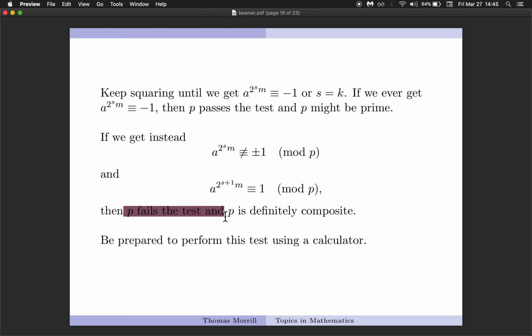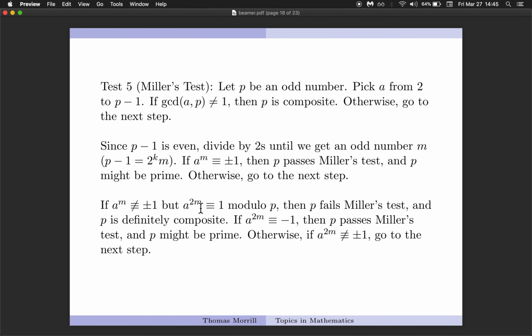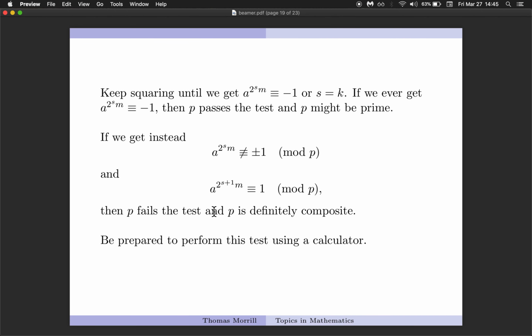I start at the very bottom of the chain. I've got my a to the power m, and what I'm looking out for is, does repeatedly squaring this number ever give me a square root of 1 besides 1 and minus 1? If you definitely get that, you have failed the test, and you've definitely got a composite number on your hands.